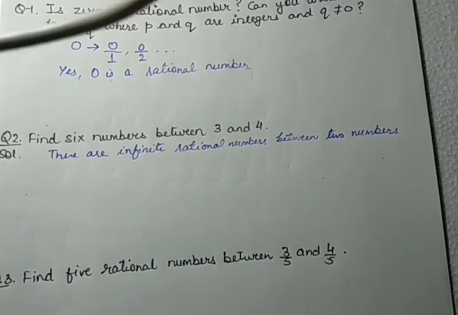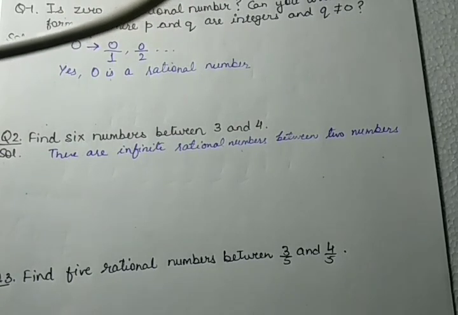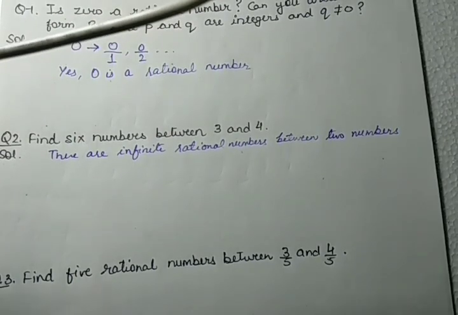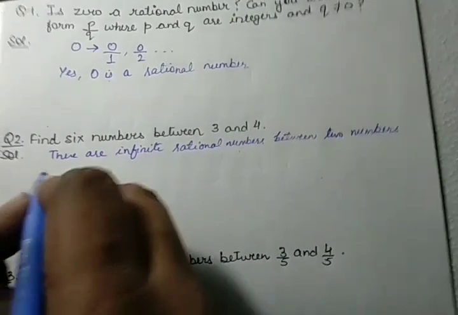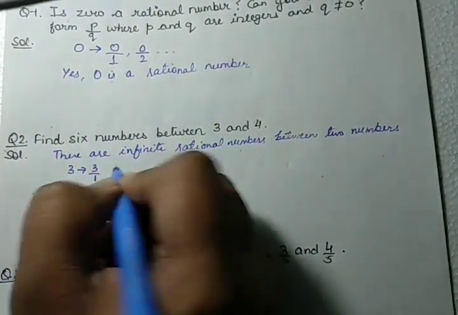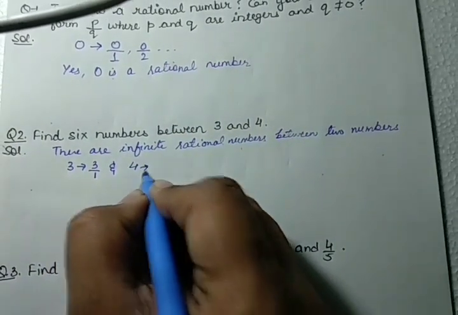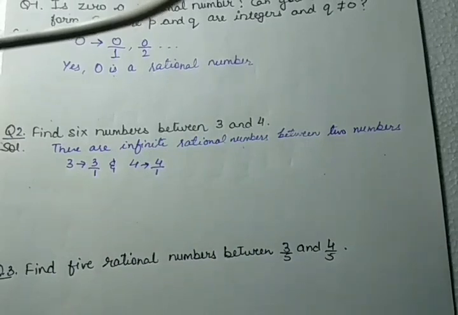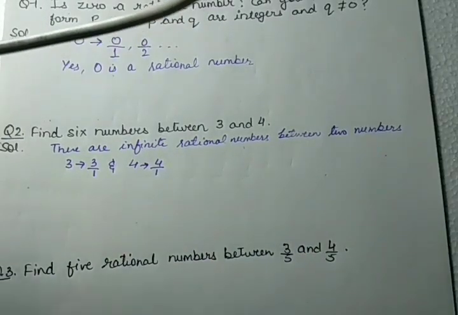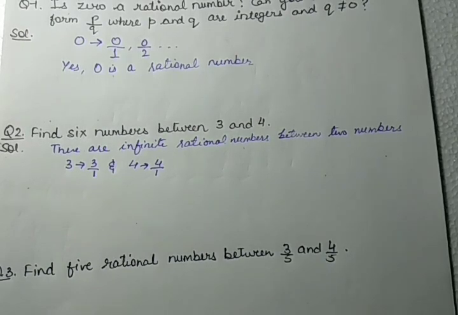Now the first step to find any number of rational numbers between two numbers is to make the denominator same. Here between 3 and 4 we can write 3 as 3 upon 1 and 4 as 4 upon 1. Here the denominator is already same. If it is not same, then we need to convert the denominators to the same number by using the LCM property.